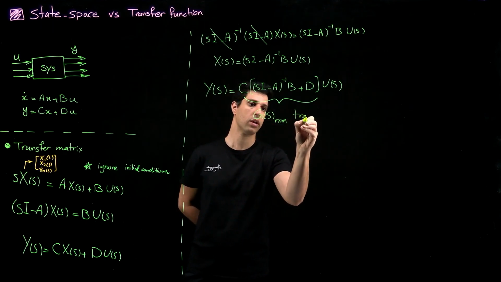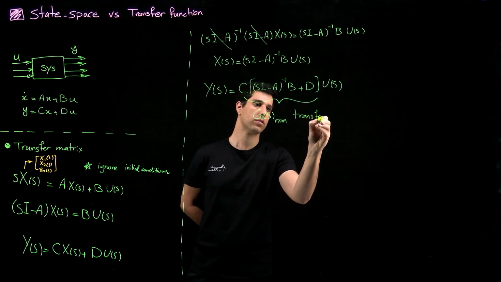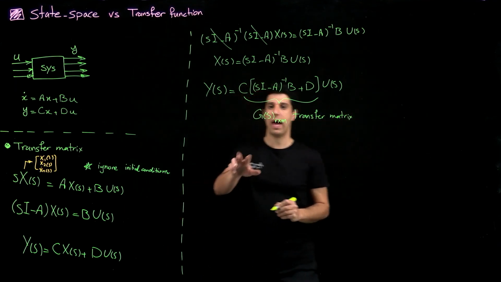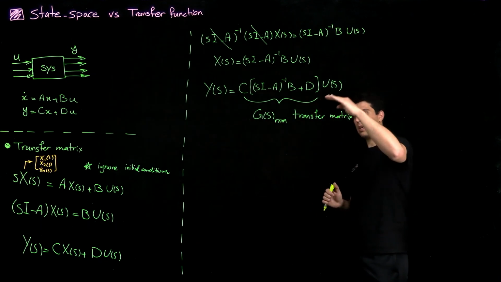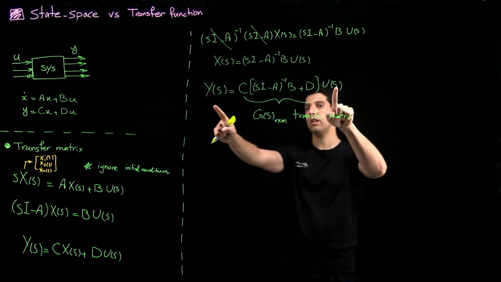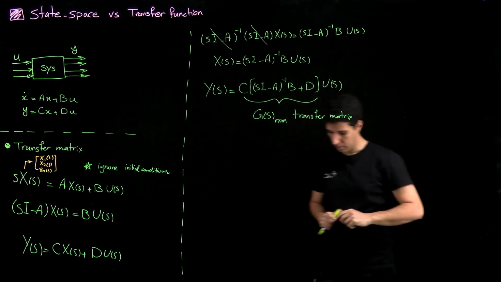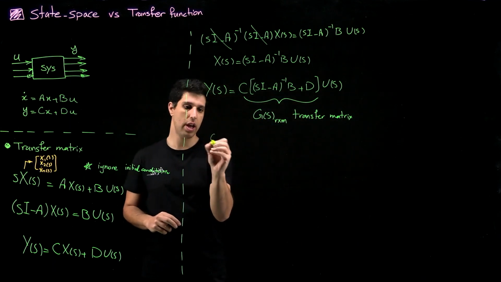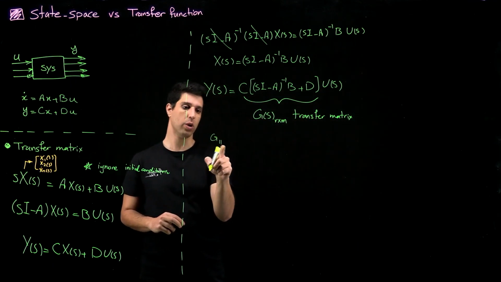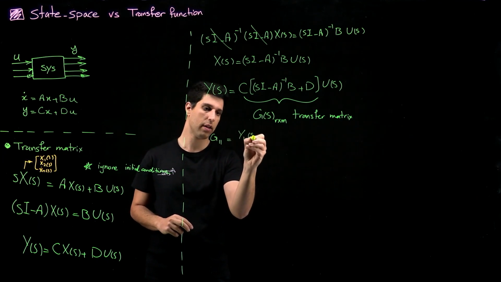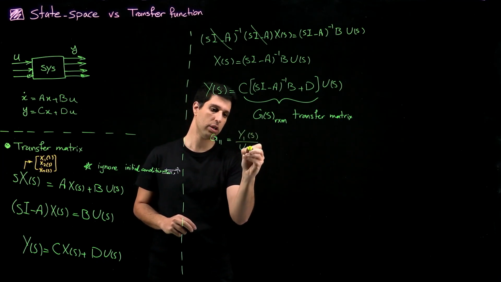It's called the transfer matrix, and it includes as its elements individual transfer functions between different u's and y's. So for instance, G11 is the transfer function between y1 and u1.